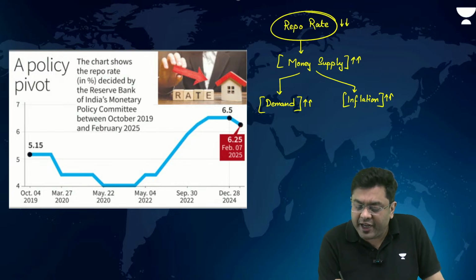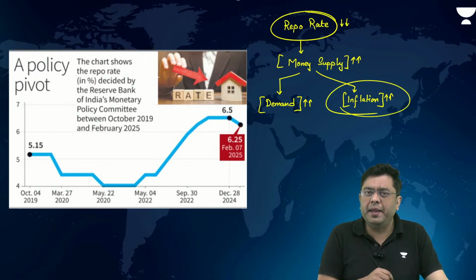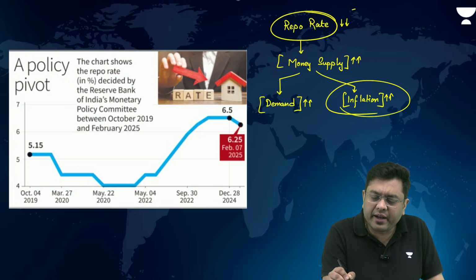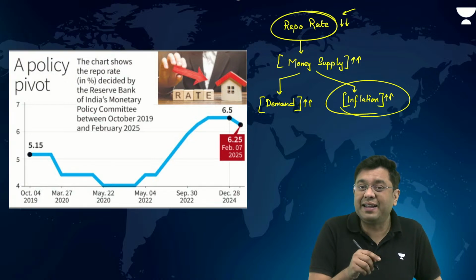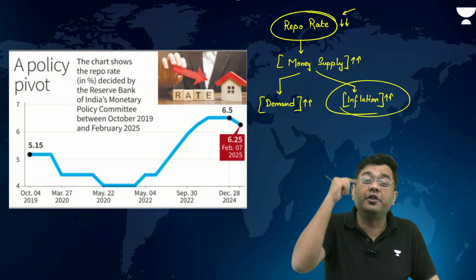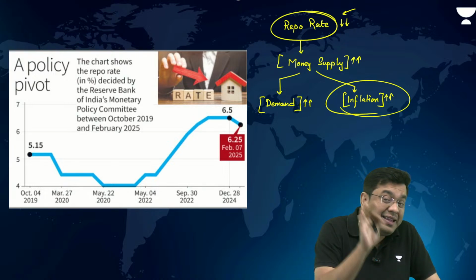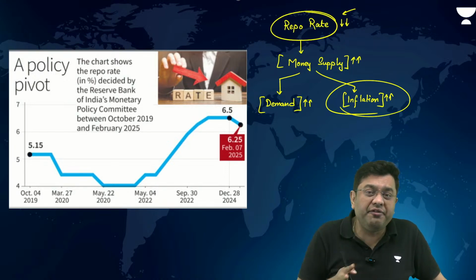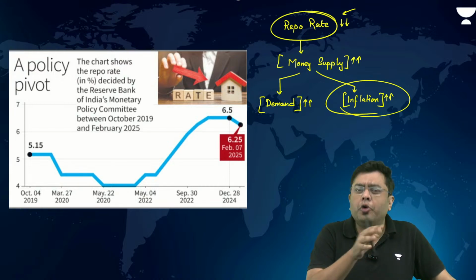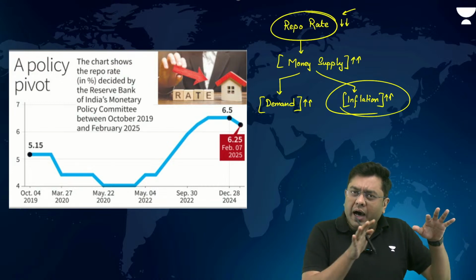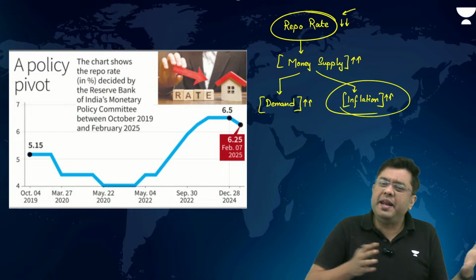Now, if inflation is already high in the economy, will you lower the repo rate in that case? No, because in that case, this inflation can further skyrocket. So when the inflation in the economy is already very high, you don't reduce the repo rate just to protect the economy. Now, RBI has been very watchful for many months now.